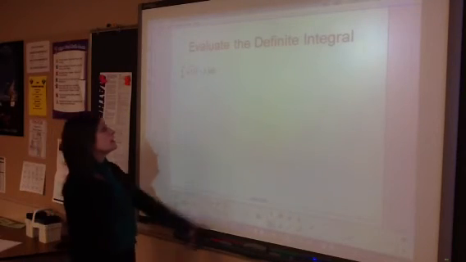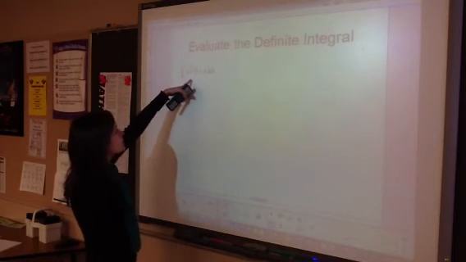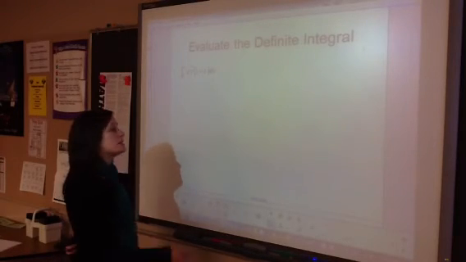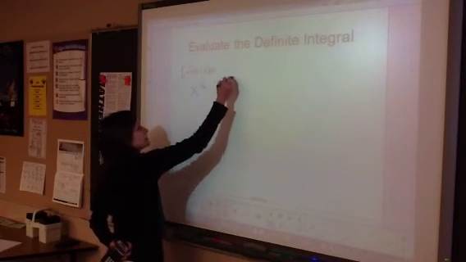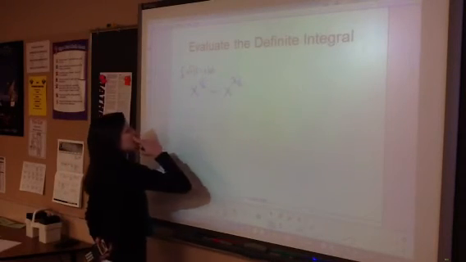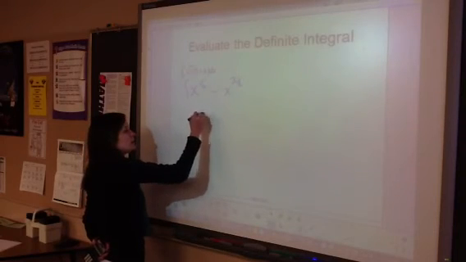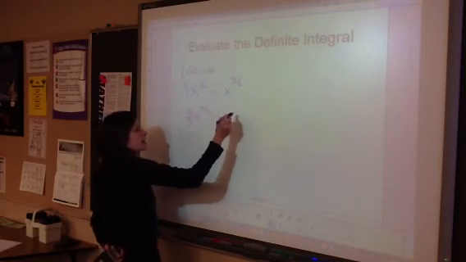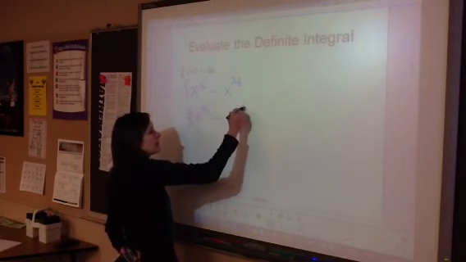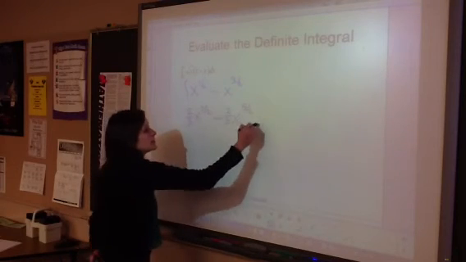All right, another one. We're going from 0 to 1, and we want the square root of x times 1 minus x. So you got to distribute. You get x to the 1/2 minus x to the 3/2. So we do our antiderivative, and we get x to the 3/2, which becomes 2/3 for a coefficient, minus x to the 5/2, and you get 2/5 for the coefficient there, plus c.